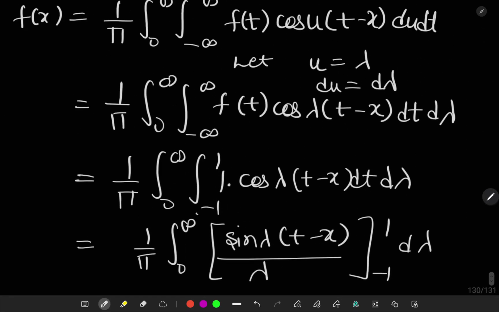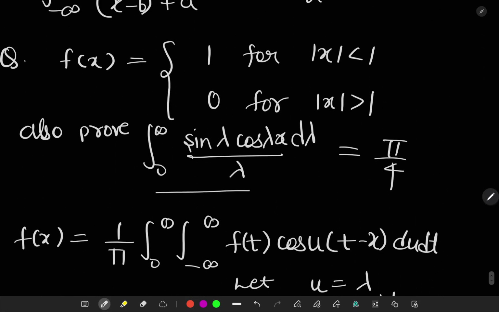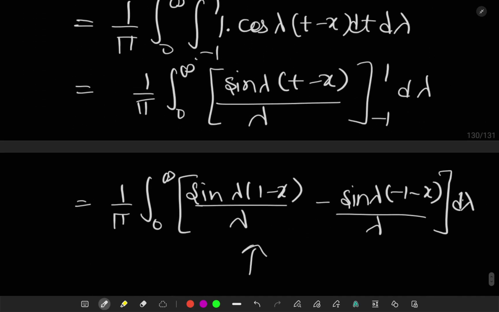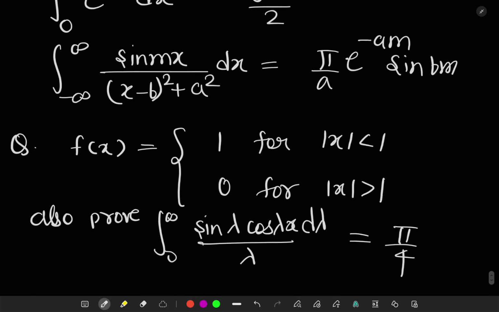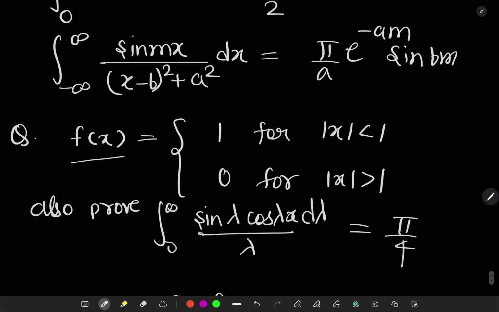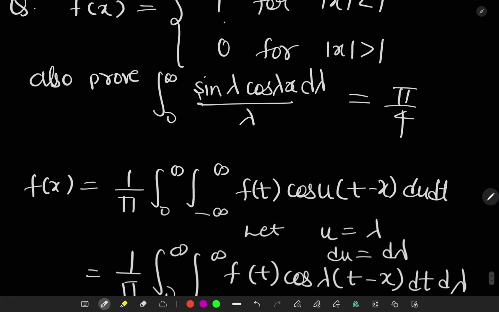Here in this question we need to prove this. So given that f(x) is 1 and 0 for |x| less than 1 and greater than 1.